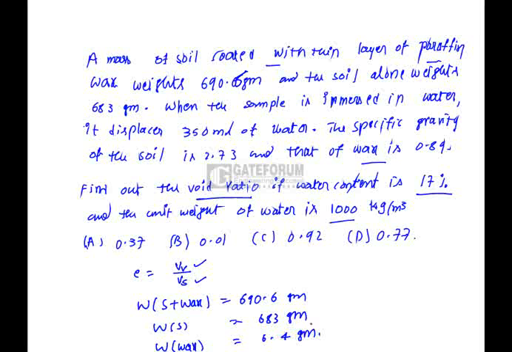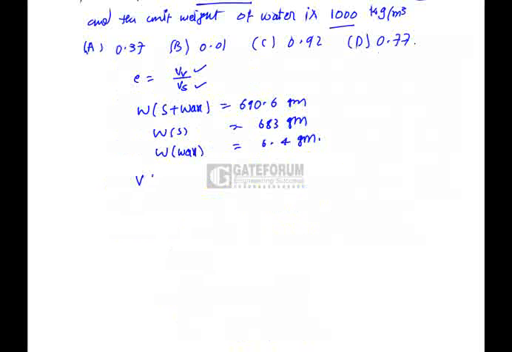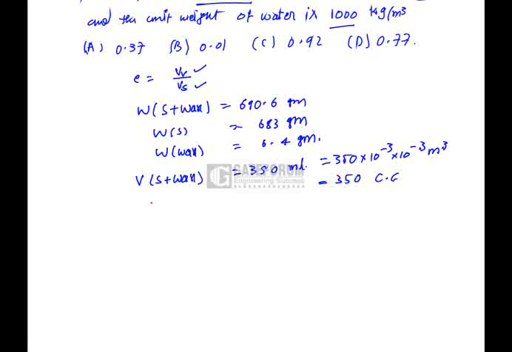Volume of the soil with wax is 350 milliliters, that is 350 cc, cubic centimeters.